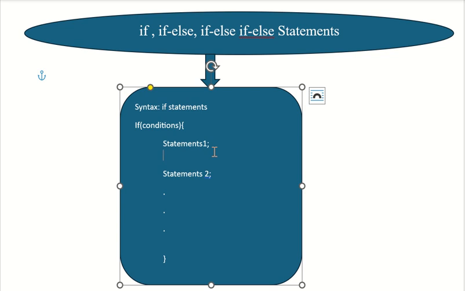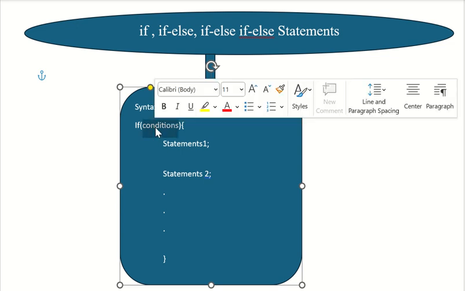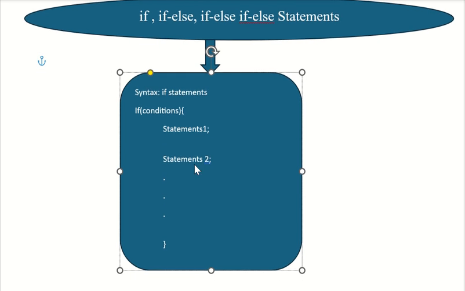We can use logical operators, relational operators, comparison operators, which provide true or false, and that is the condition. The if keyword, the condition, and then the statement: that is the syntax of the if statement.